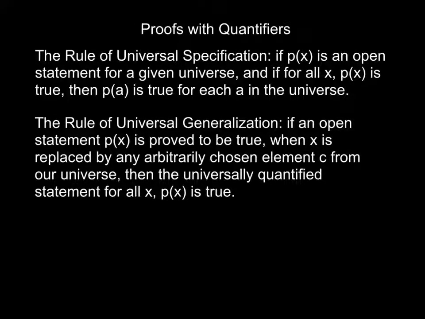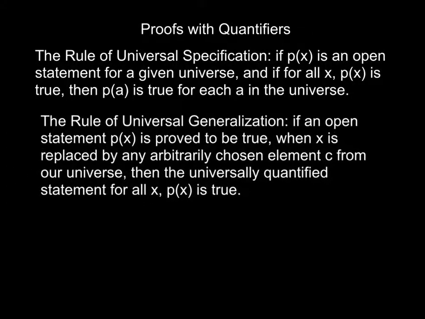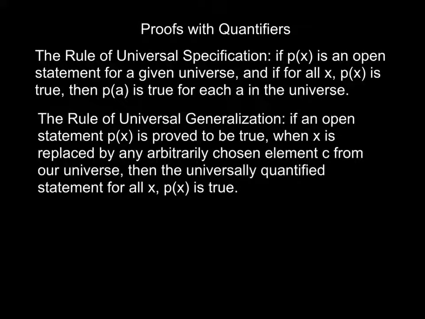What this is saying is if we choose a specific example C, but it doesn't matter, we can arbitrarily choose our C. So any C that we choose, when we plug it into P of x, if it's always true, then we can generalize and say that P of x is true for all x. That's the universal generalization.